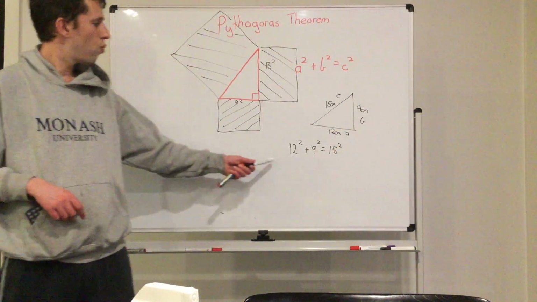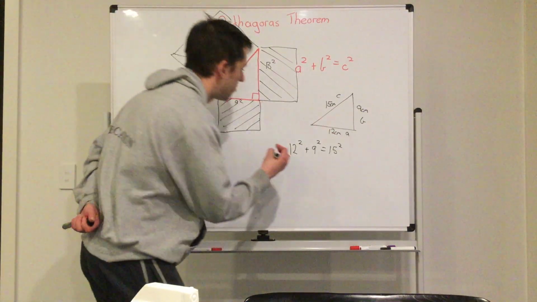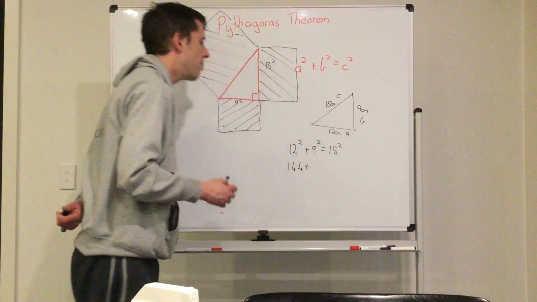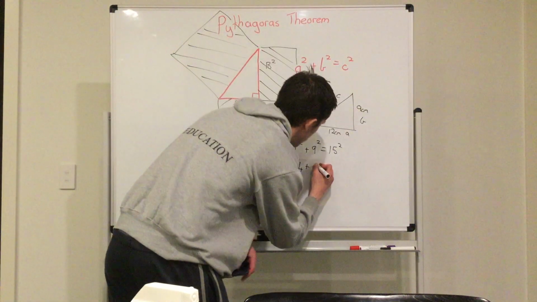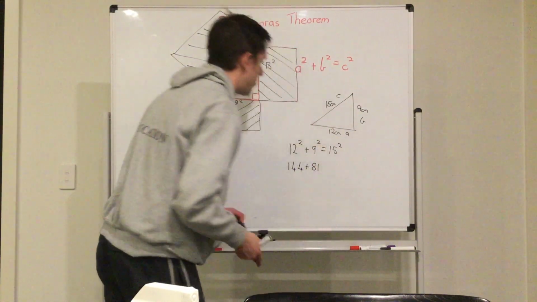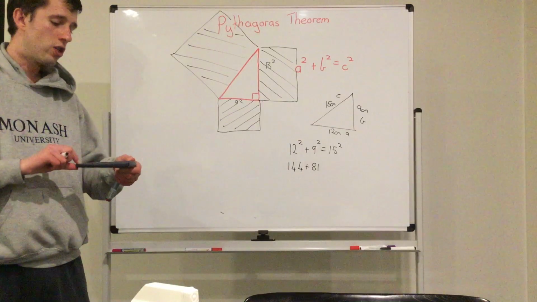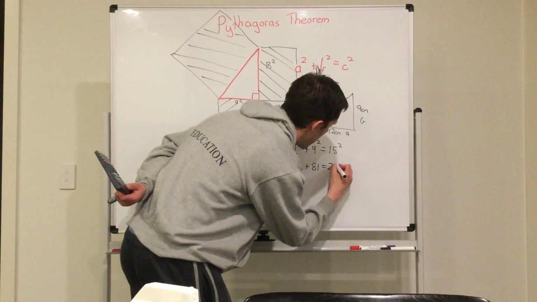Let's see. 12 squared is 12 times 12, that's 144. Plus 9 squared is 9 times 9, which is 81. And then we have 15 squared, which is 15 times 15, which is 225.